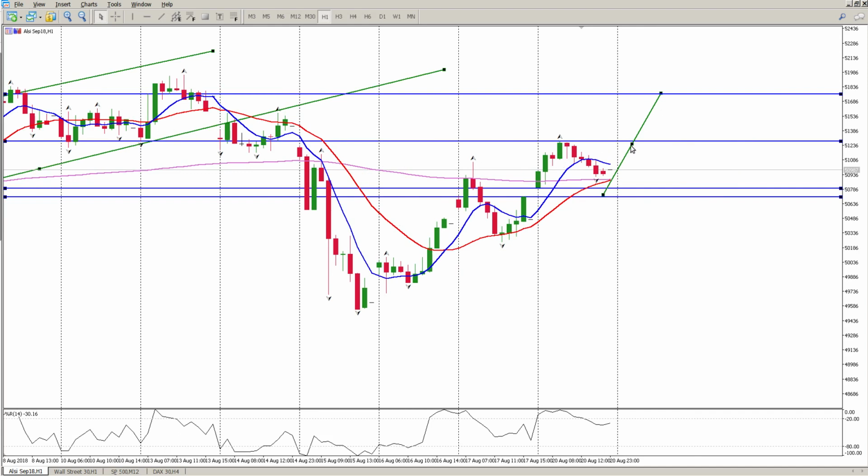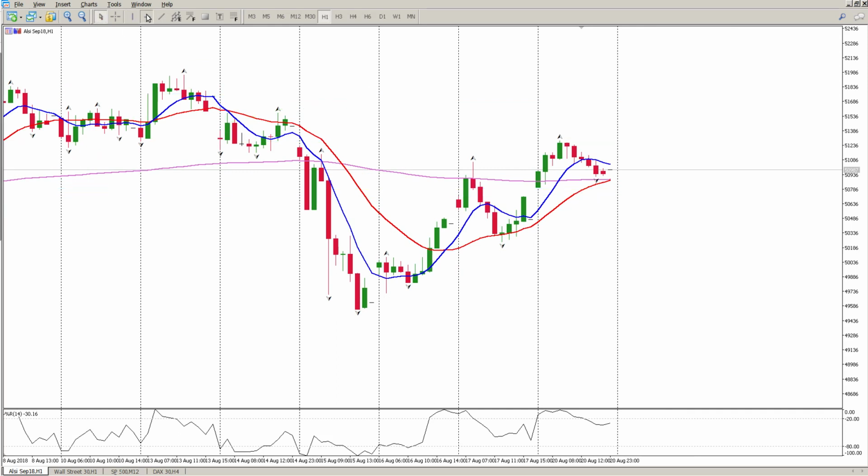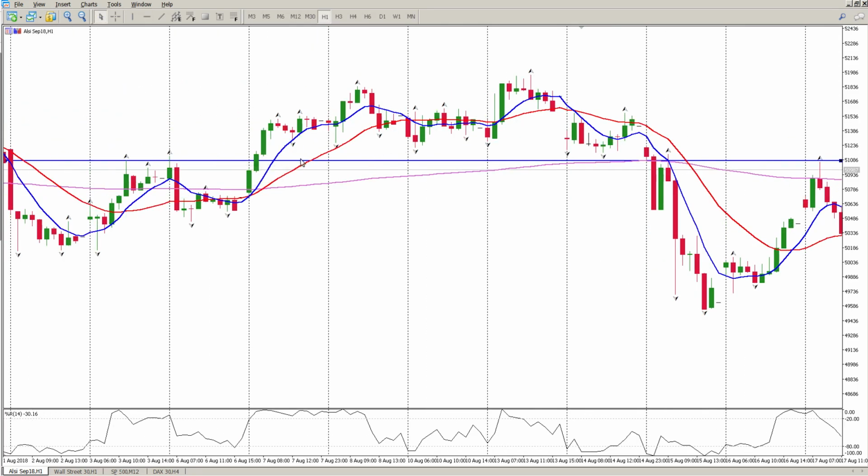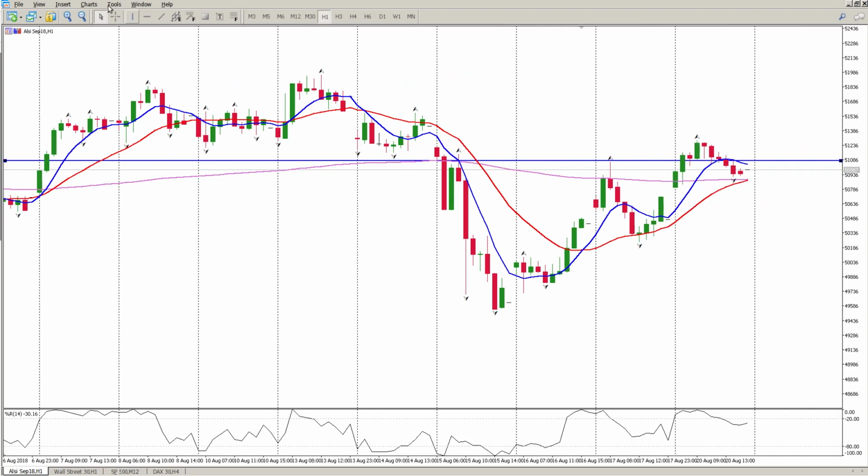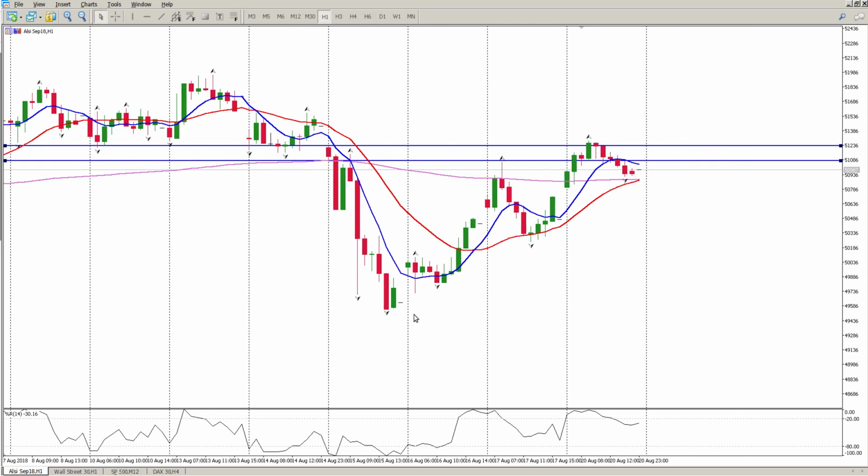Sorry, I was trying to close this off quickly, and I just spotted something else. This level that we have tested, which is fairly significant, we bounced off yesterday. So let's use that there. We bounced off that level there. But more importantly, cup, handle, breakthrough, retest.